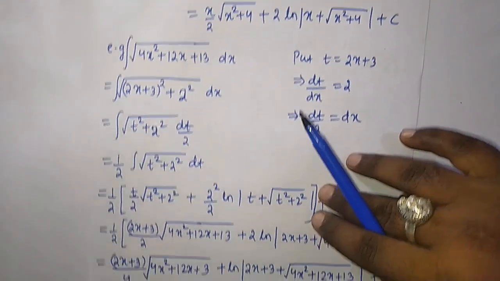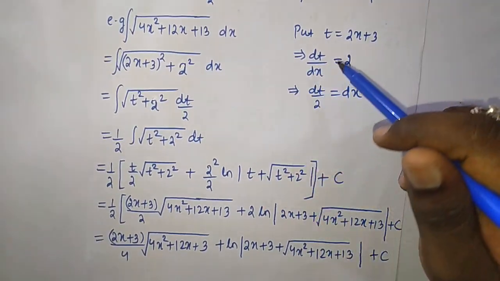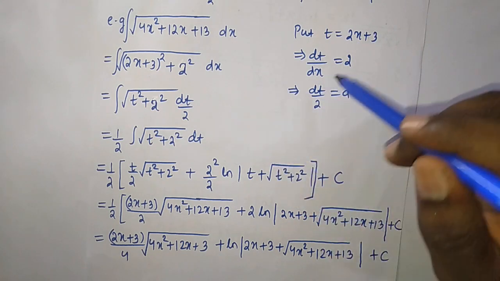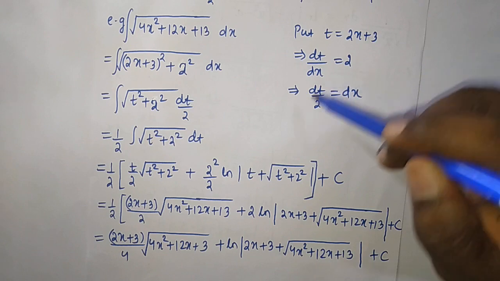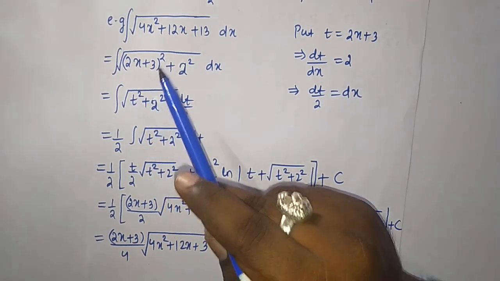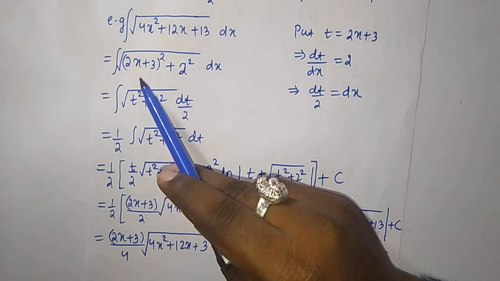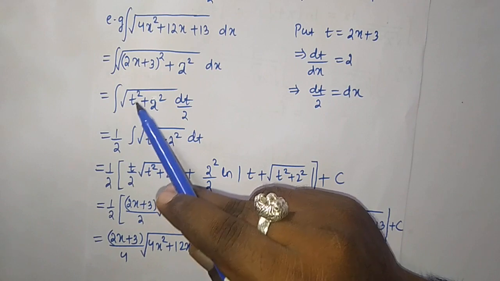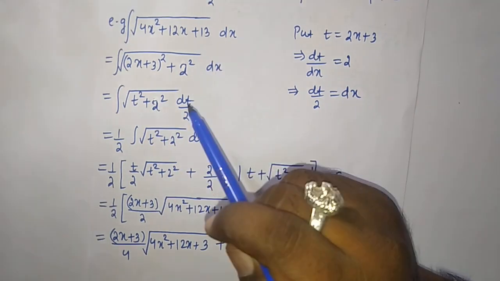Now continue. By putting t equal to 2x plus 3, you will get derivative of t is 2, and dt by 2 is equal to dx. By putting t in place of 2x plus 3, 2x plus 3 whole square becomes t square, and in place of dx I have put dt by 2.